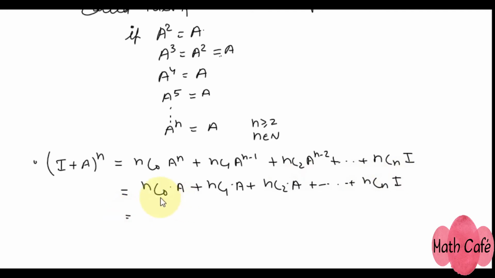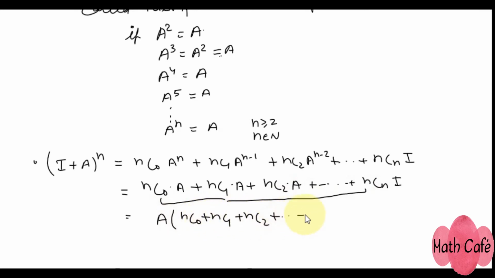So we can take A common in all the terms except the last term. So I am taking A common, so we will be left with nC0 plus nC1 plus nC2, and in the last nC(n minus 1).